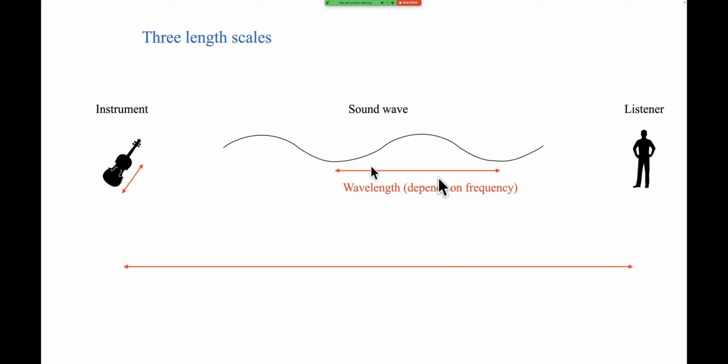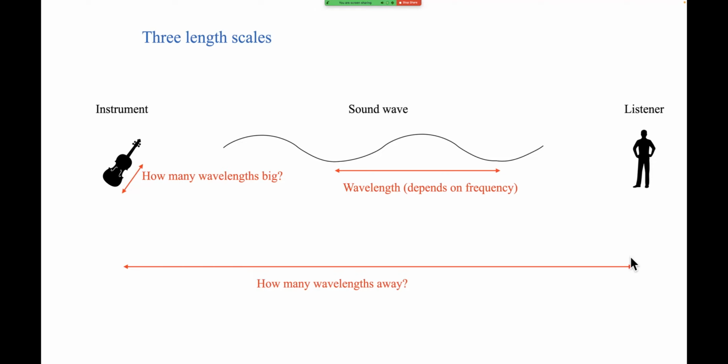Once we've decided that wavelength at a given frequency, then there are 2 things that are important. We can say, how big is the instrument body in terms of wavelengths? So how many wavelengths, or fraction of a wavelength, can we fit into the size of the instrument body? And how many wavelengths away is the listener?